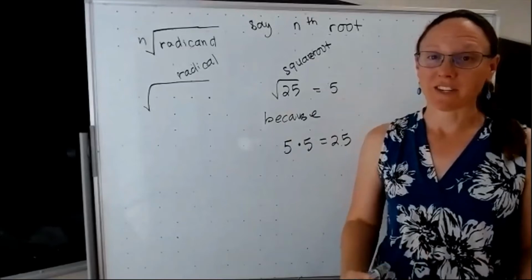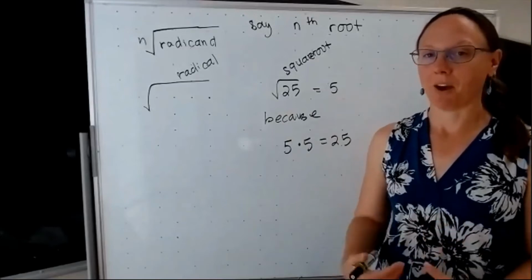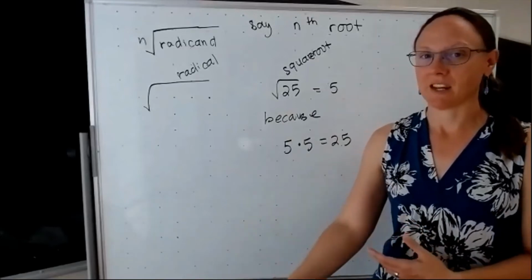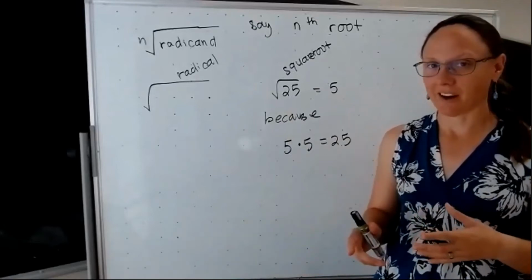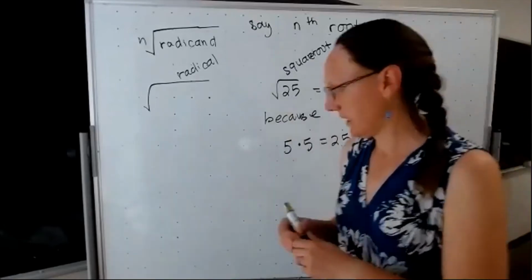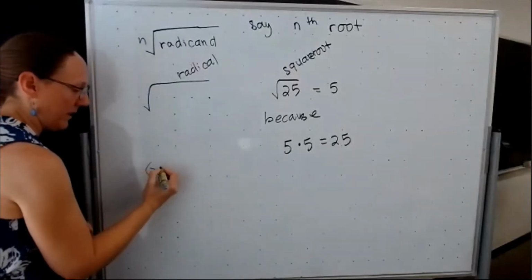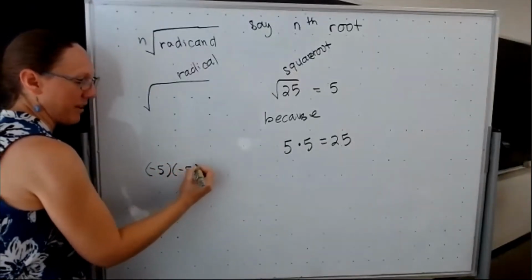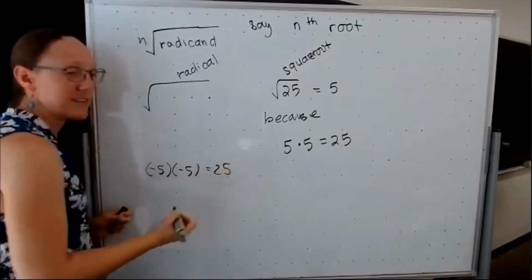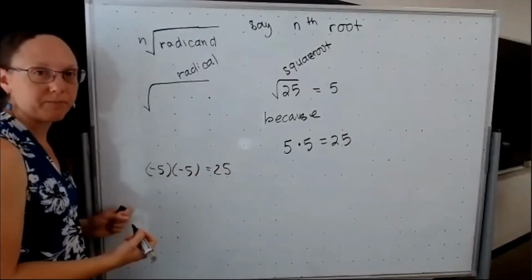Just like the square root of 16 is defined to be positive 4. Now, there's a subtlety here because negative 5 times negative 5 is also 25.